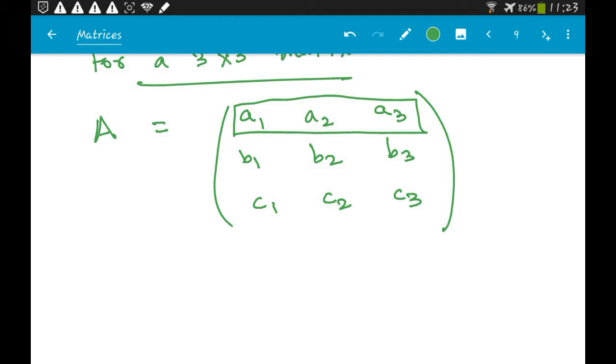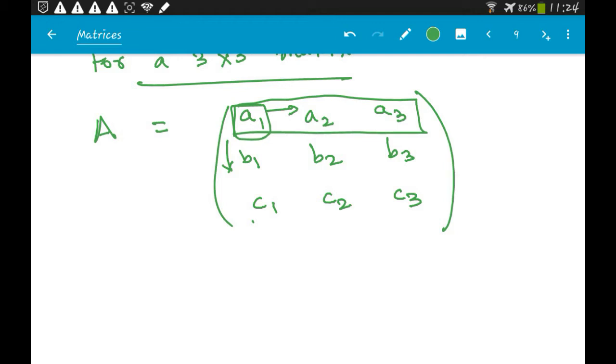Now you have chosen this first row, and now you need to see what is for this element. If you consider element A1, then what to do: leave this row and leave this column. Leave the row corresponding to A1 and the column corresponding to A1.